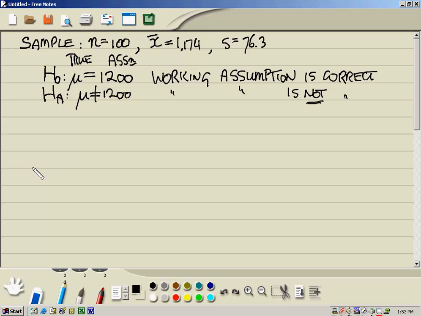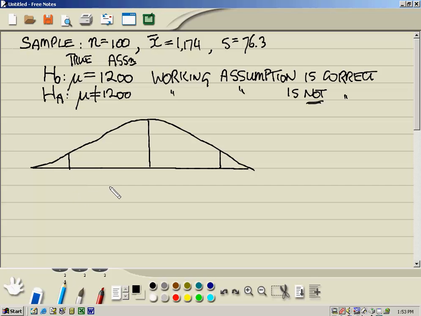Next step is to do our distribution. So we can start off our calculations, and have the middle of the distribution and critical limits.